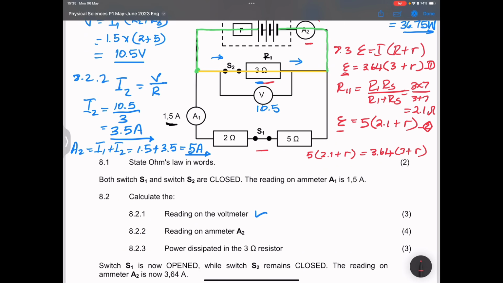Okay, ladies and gents, we can work this out in the simplest way.